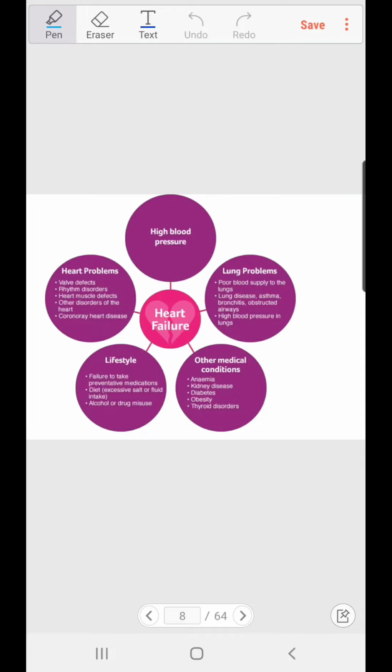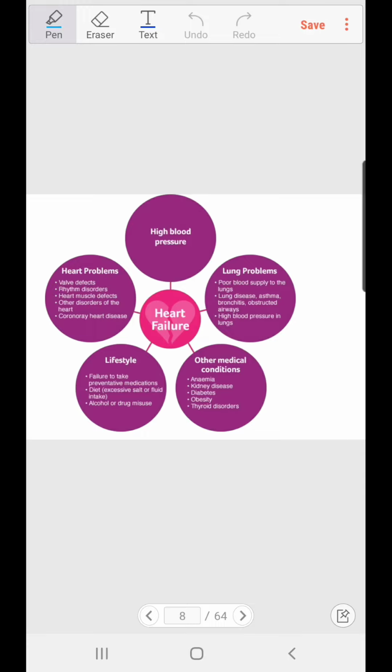Factors contributing to heart failure: high blood pressure is number 1. Then you have lung disease, heart problems like different parts of the heart, like valve, heart rhythm, heart muscle defects, other disorders, or coronary heart disease. Other medical conditions that contribute to heart failure include anemia, kidney disease, diabetes, obesity, and thyroid disorders.